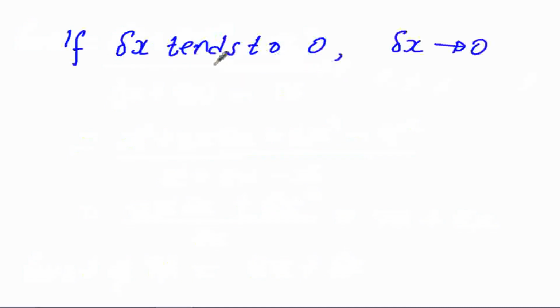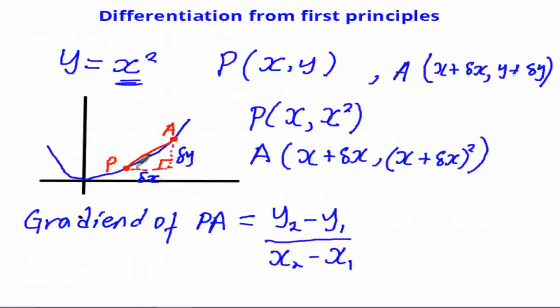Our gradient will be moving very close to the point P. And we shall say that now that one is the gradient of the curve at point P, or we can call it the gradient of the tangent.